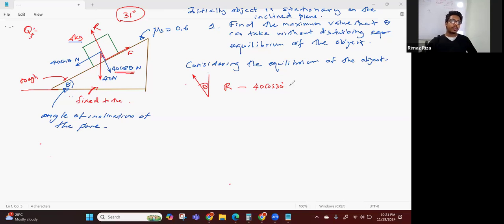So since it's equilibrium, net force has to be 0. The resultant force has to be 0. Therefore R equals 40 cos 30. So 40 cos 30 means R equals 40 into root 3 over 2. So I can write 20 root 3 Newton. So that is the value of R.